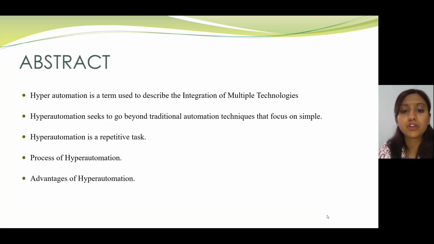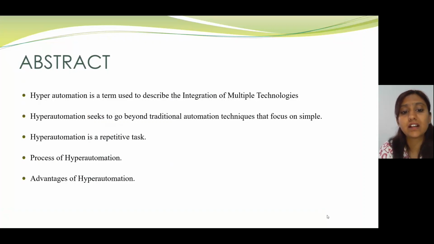Hyperautomation seeks to go beyond traditional automation techniques that focus on simple, repetitive tasks. Instead, it aims to automate end-to-end business processes, including those that involve human decision making. By achieving this, it enables businesses to increase efficiency, reduce cost, improve accuracy, and enhance customer satisfaction.